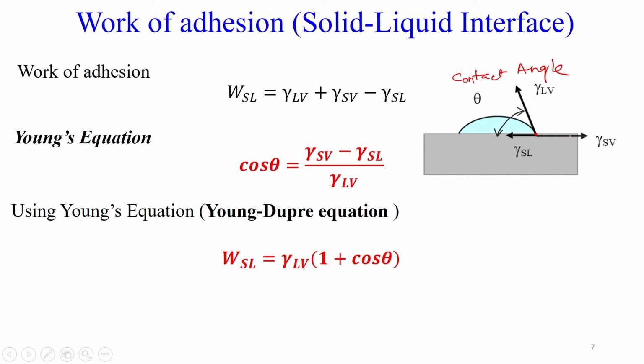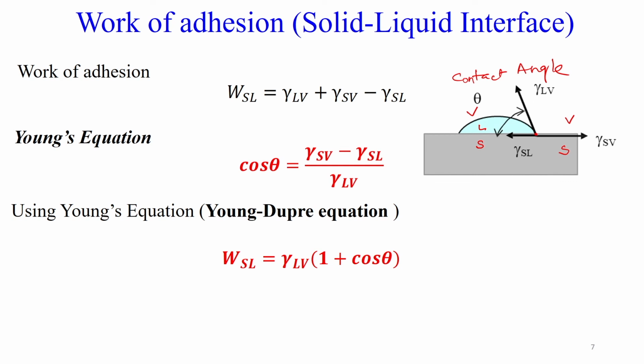One is between the solid and vapor, another is between the liquid and solid, and the third interface is between liquid and vapor. So, here there are three interfaces: surface tension of liquid, surface tension of solid, and interfacial tension between solid and liquid.